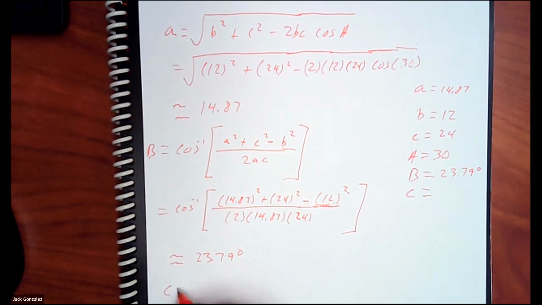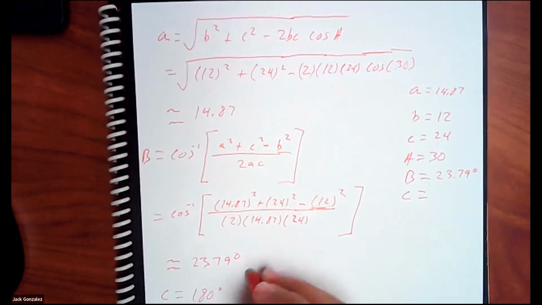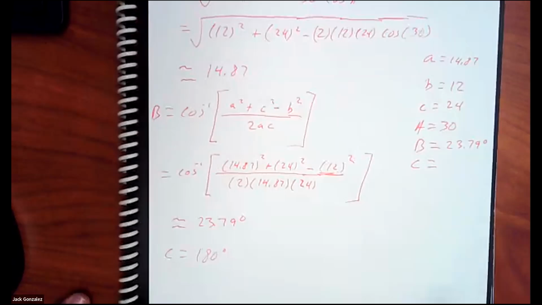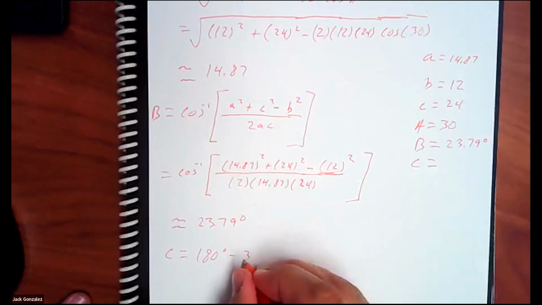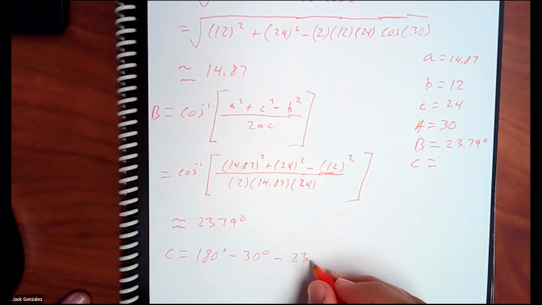And the last one, you can just find by subtracting from 180. So 180 minus the 30 minus the one we just found. That'll be the last angle.